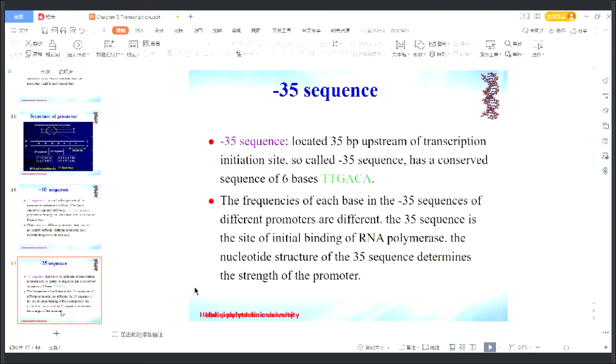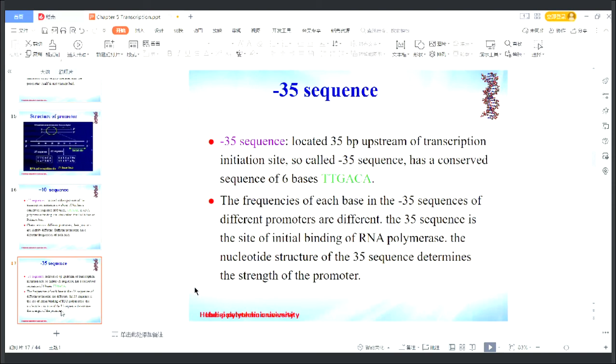It is located about negative 35 point, so we give it the name negative 35 sequence, and secondly the TTGACA box. This is recognized by the sigma subunit of the polymerase. The frequency of each base in the negative 35 sequence of different promoters is different.